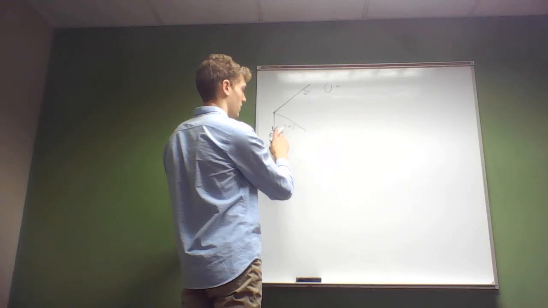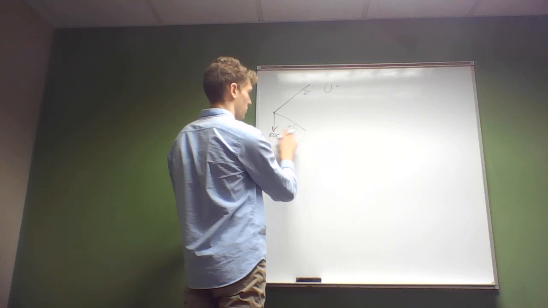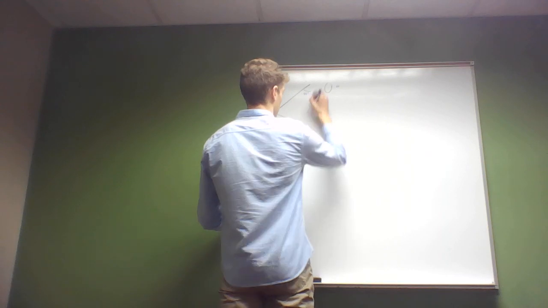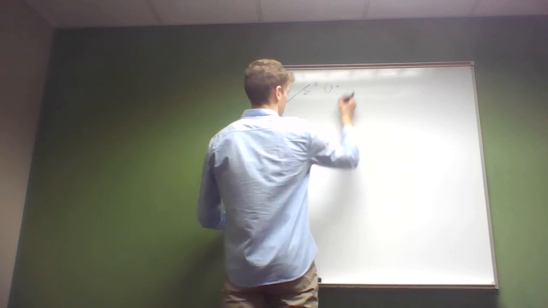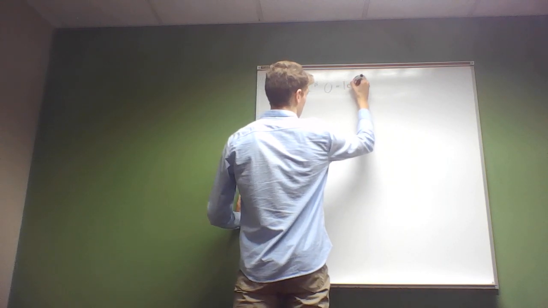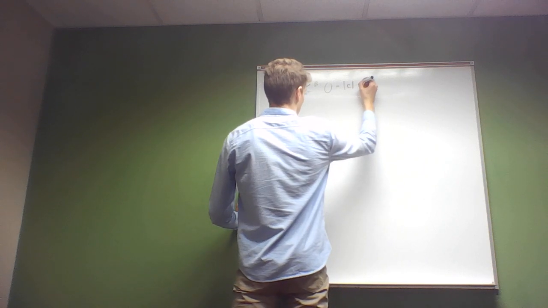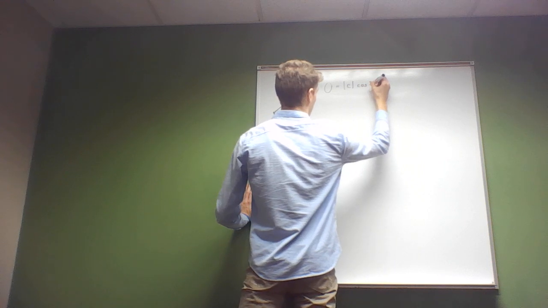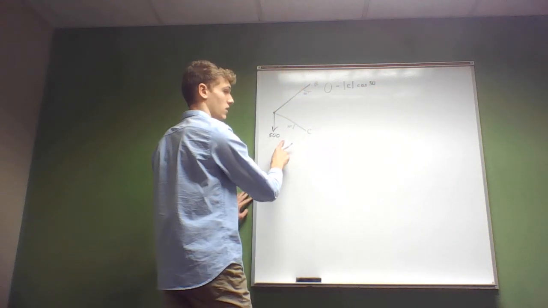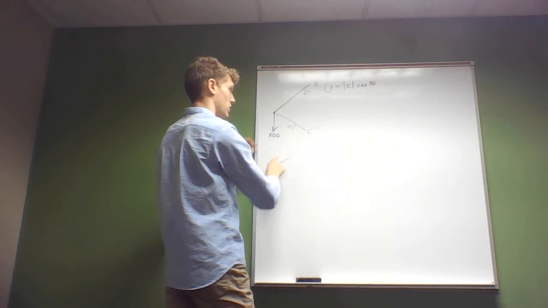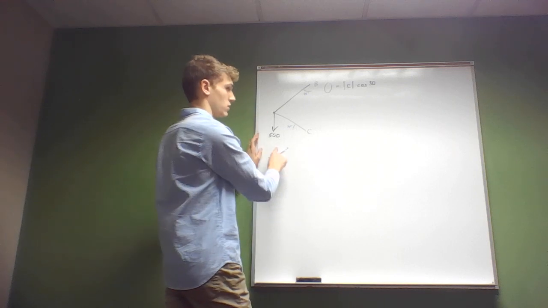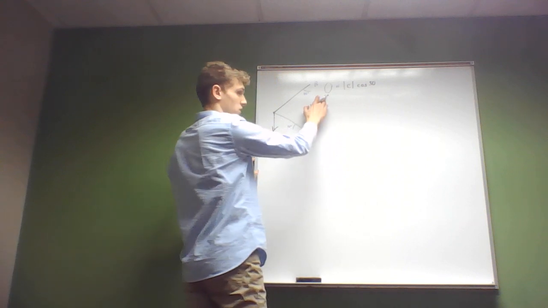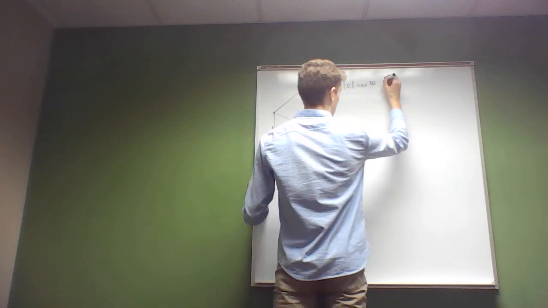I can call this one B and this one C. So the x component of C would be the magnitude of C times the cosine of 30. Do you see how I got that? And that would be equal to your x component. You're just saying this x component plus this x component are equal to 0. So then you can find the magnitude by doing that.